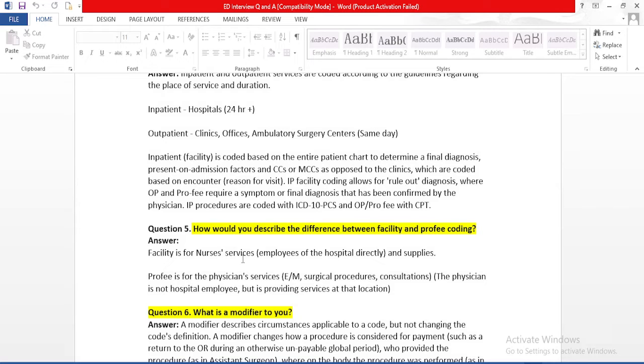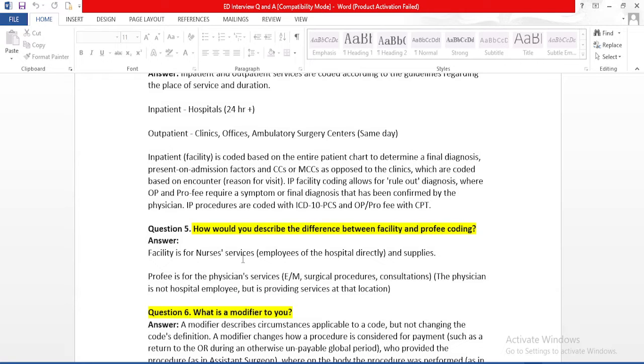Inpatient facility is coded based on the entire patient chart to determine a final diagnosis, present on admission factors, and CCs or MCCs, as opposed to clinics, which are coded based on the encounter reason for visit. So in order to code inpatient services, we need to check the whole chart to determine a final diagnosis.